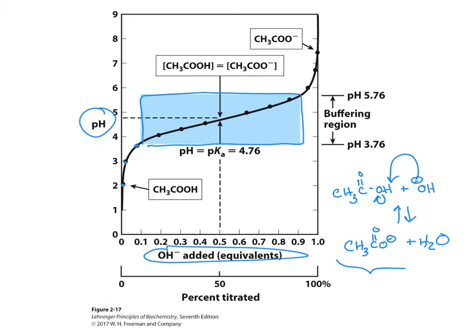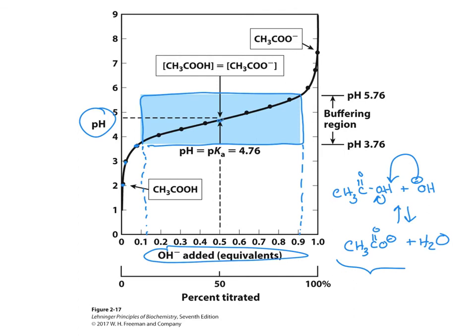And that area is called the buffering region. This is where the acetic acid and the acetate, its conjugate base, will exist as a very good buffer. And notice where that lines up with the amount of equivalents added. So here you've added 0.1 equivalents, and here you've added 0.9 equivalents. So between 10% and 90% titration of the weak acid, you will have a good buffer.